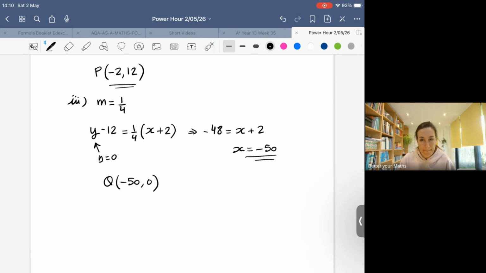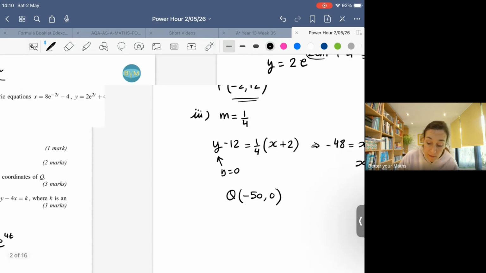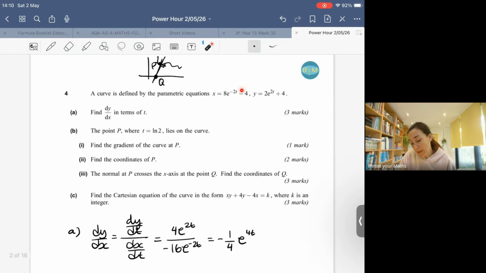Is this okay? Everyone? If you forget that these are parametric equation questions, all these things, finding the gradient, finding the coordinates, finding the straight line, cutting with the x-axis, they are all things that you have been doing for quite a while, really. Now, find the Cartesian equation in this form where k is an integer.